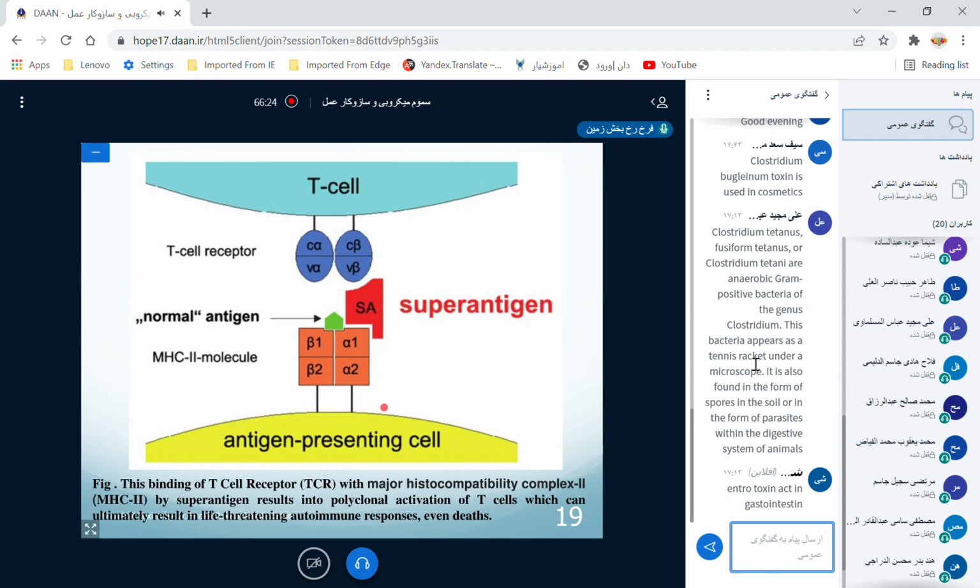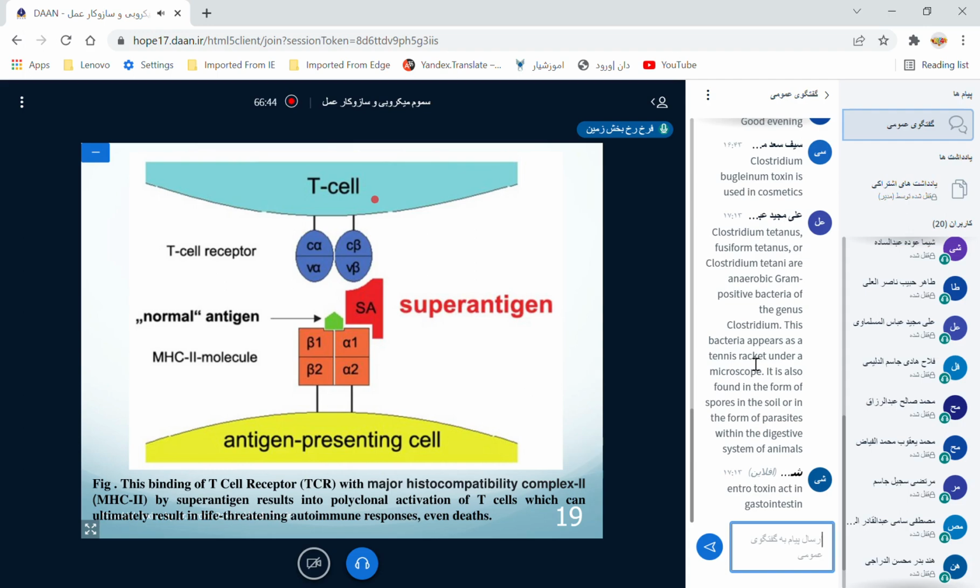So when this happens, this superantigen is responsible for too much activity of T cells, with too much production of antibodies.